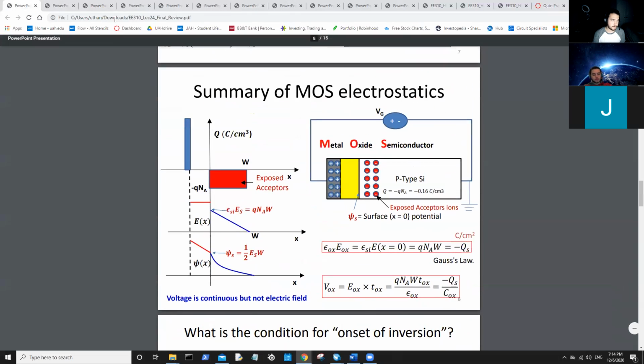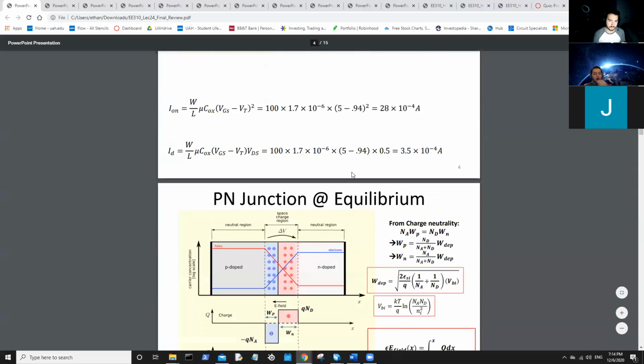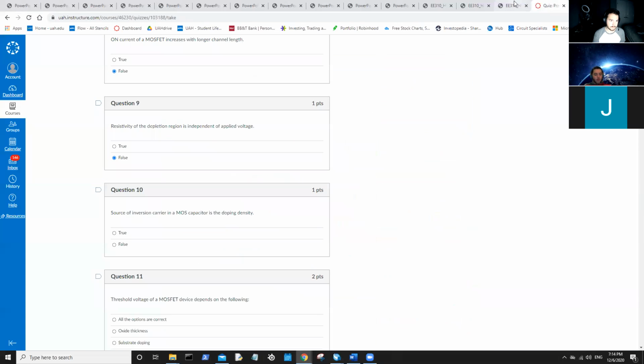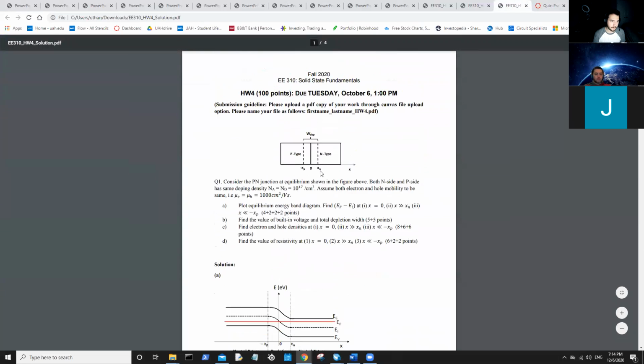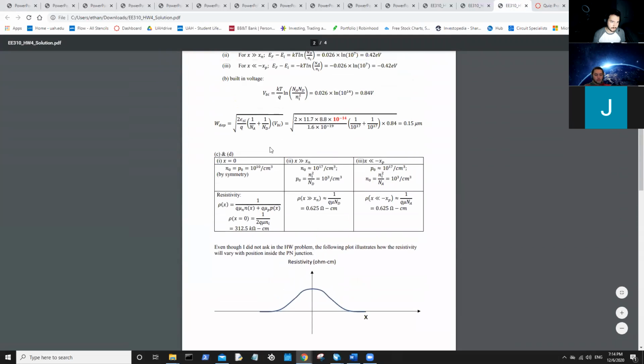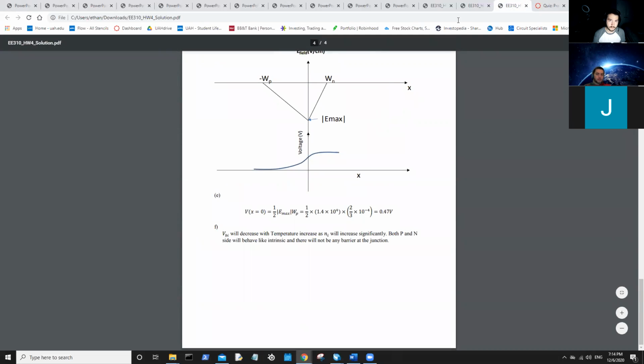There's an equation that directly relates the applied voltage to diode resistivity. And we might just need to use a homework for that. Let's see. If we look for one that's asking for resistivity, it's going to be this one then.